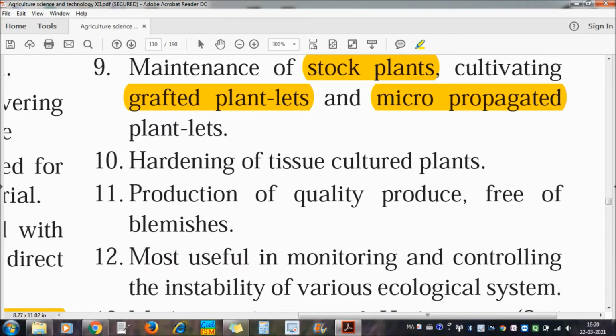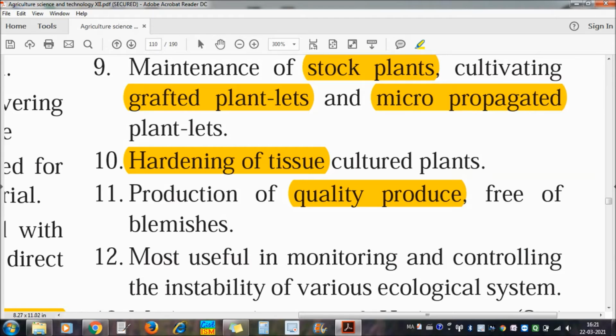Then hardening of tissue is also possible. In the cultured plants, hardening means they can sustain in adverse climatic conditions also. Then the production is of good quality. Then it is free from diseases and pests, also from different damages.